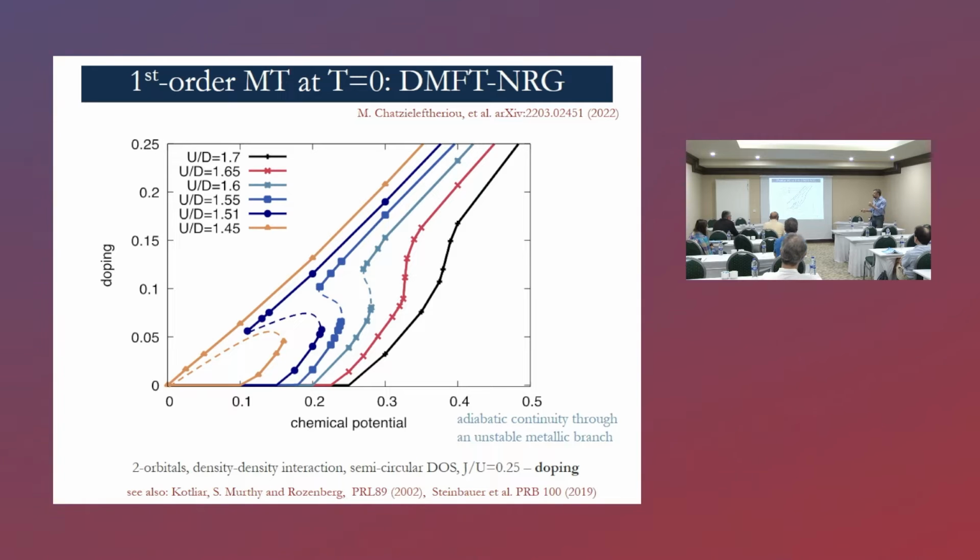Now, obviously, when you go to a larger U, where at half filling you don't have these two solutions, you will have a metallic solution like this blue curve, which will not reach half filling.